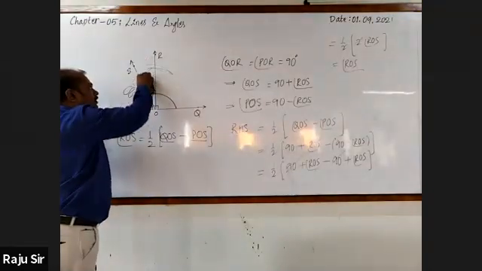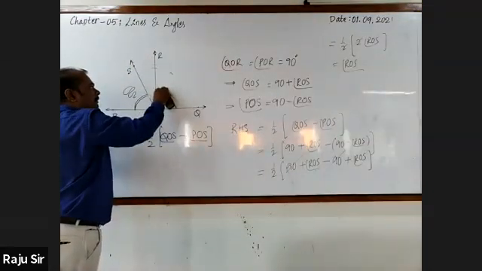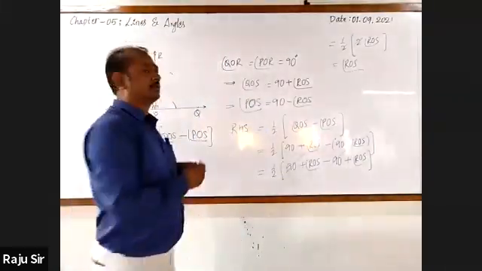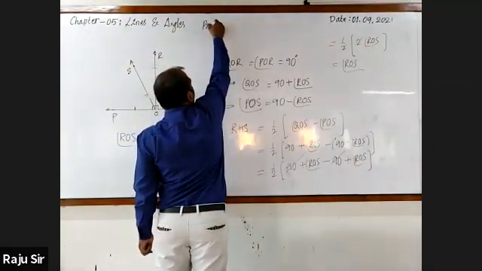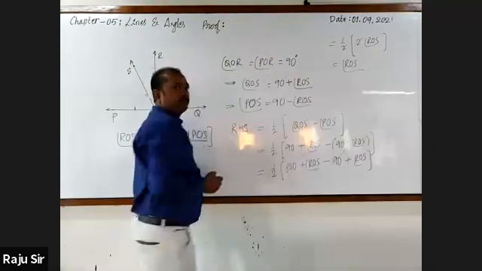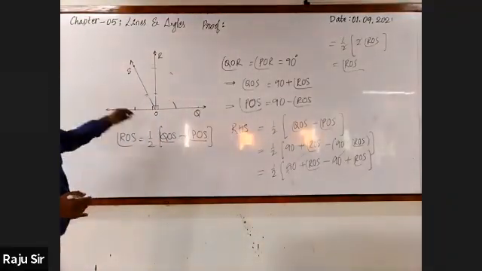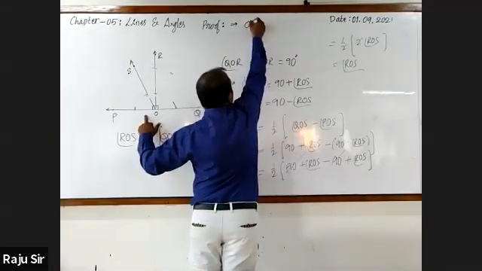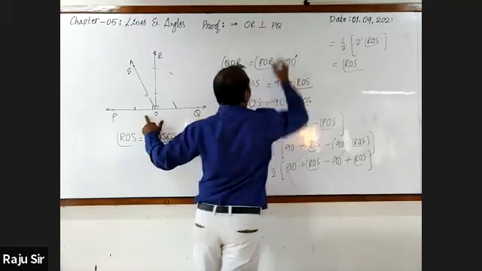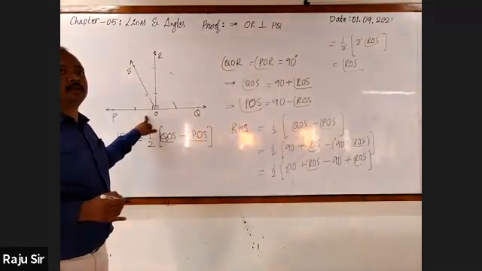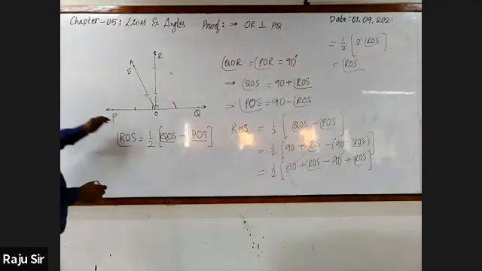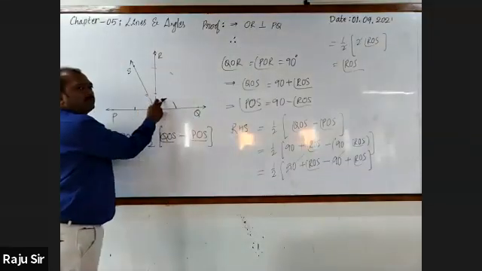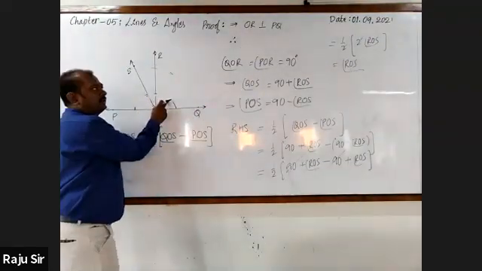Now you go for copying this. You have drawn only the figure, no? Yes, sir. Now whatever I am going to write should be written the same. Right. Prove. OR is perpendicular to PQ. Therefore, as OR is perpendicular to PQ, each of these two angles is 90 degrees.